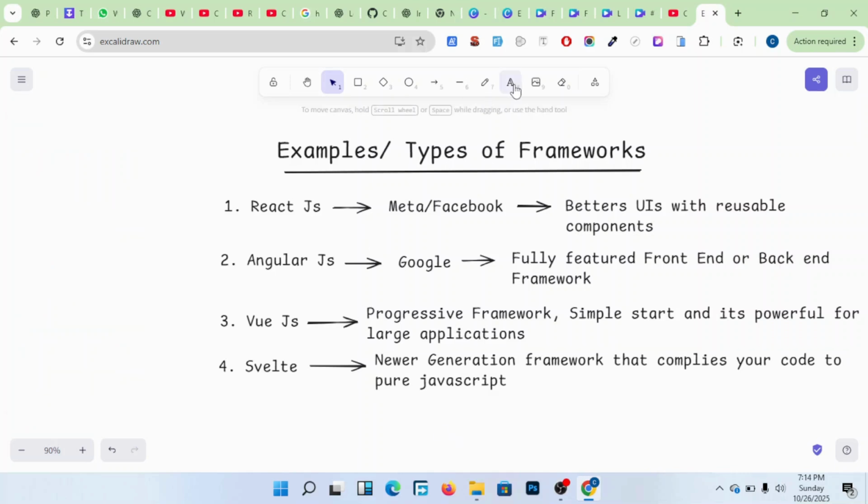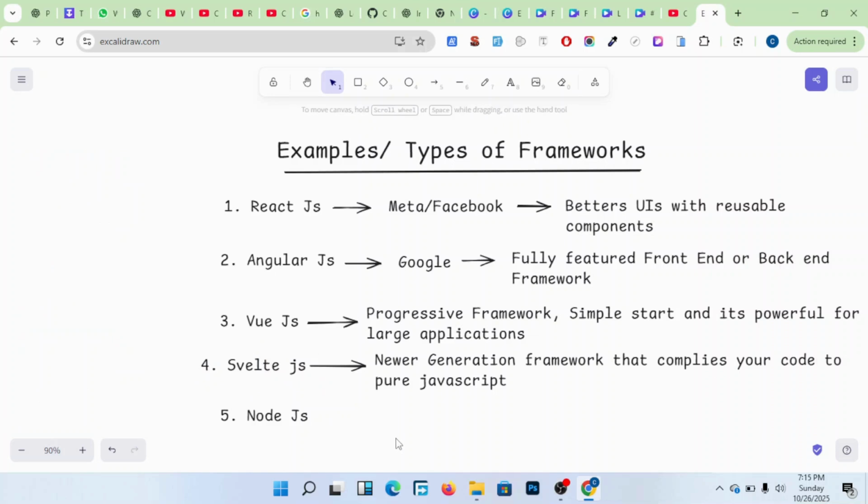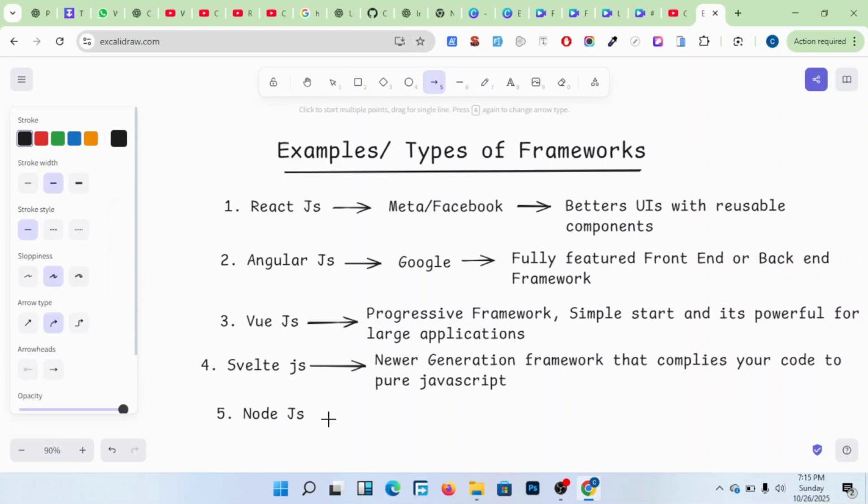It's called Node.js. But this one here, people confuse it. This is Svelte JS. So members, people confuse Node.js.